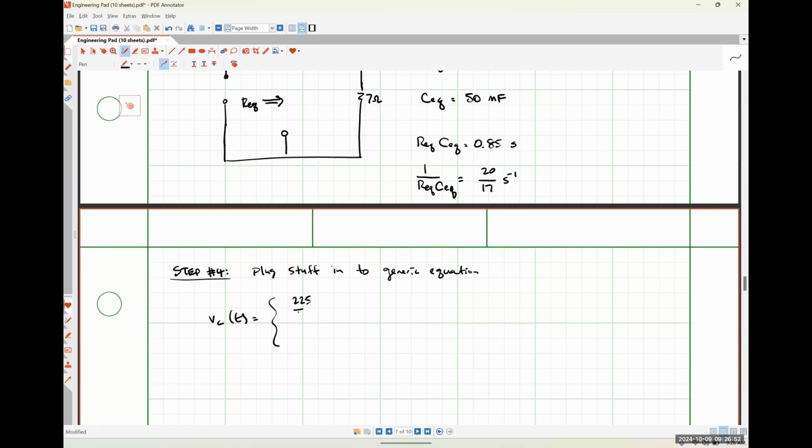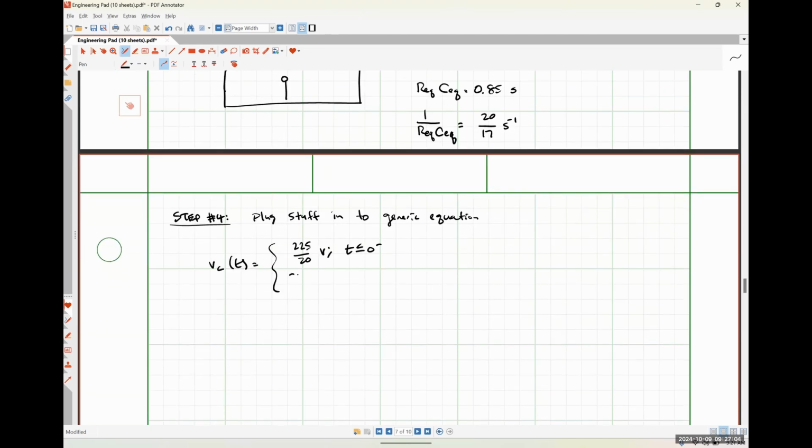So 225 over 20 volts for T less than or equal to 0 minus. What was the capacitor voltage at 0 plus? Same thing because it's not allowed to change. Okay. So 225 over 20 e to the negative 20/17 t volts for t greater than or equal to 0 plus.